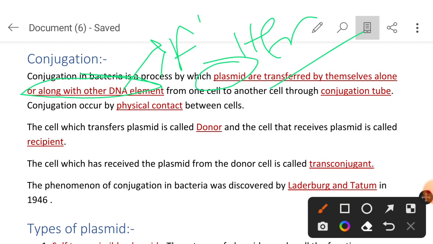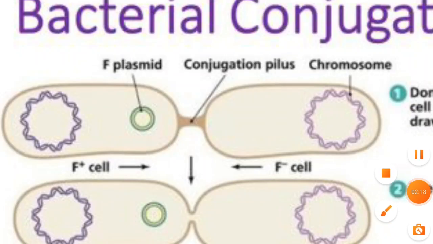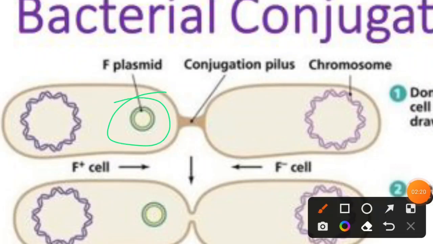For now just remember that those kinds of plasmids can be transferred either alone, or they can also transfer other DNA elements, which are most often part of the donor bacterial chromosome. That means along with that plasmid some bacterial DNA from the chromosome is also transferred from the donor cell to the recipient cell. That is the idea.